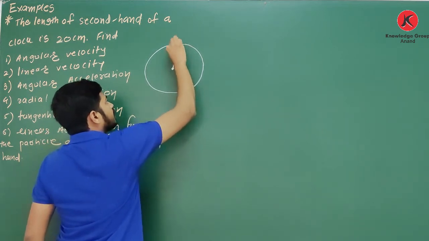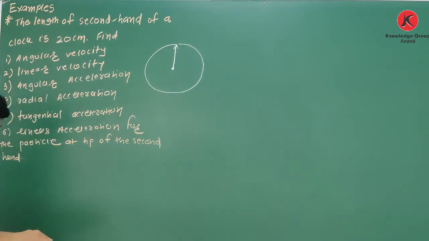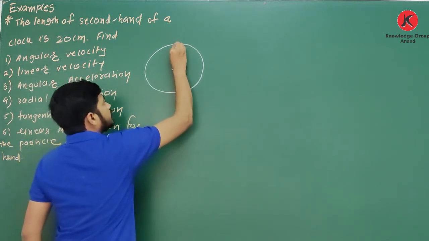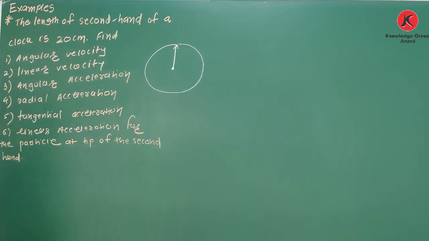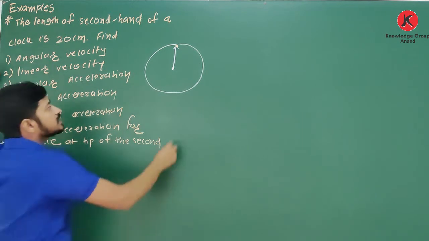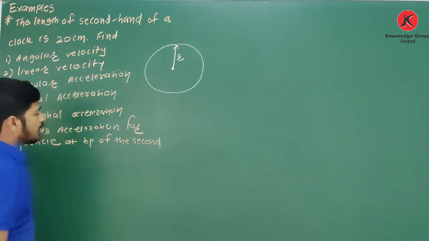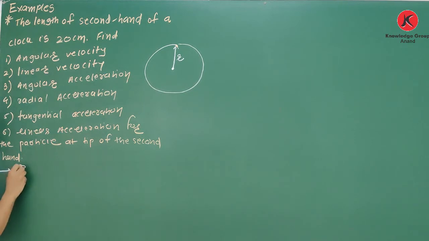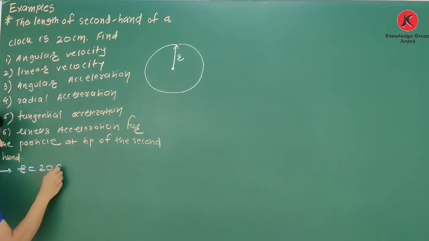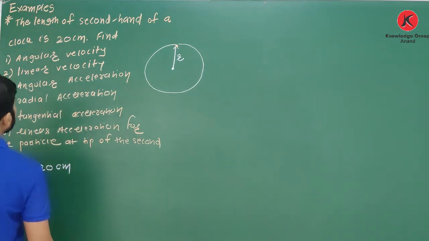It is its tip. Okay, yes, it is its tip. So the length of the second hand of the clock is 20 centimeter, meaning it is nothing but its radius. Yes or no? So yes, here radius r is equal to 20 centimeter. Clear?